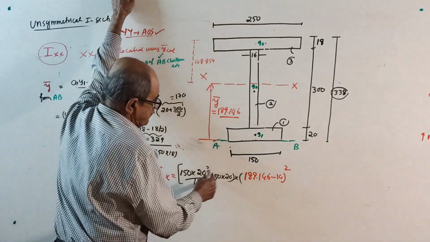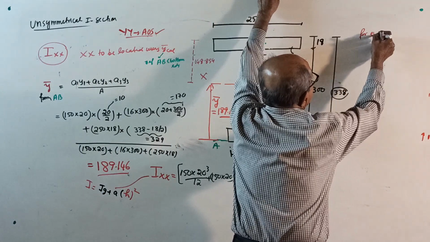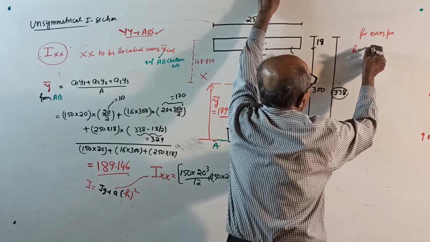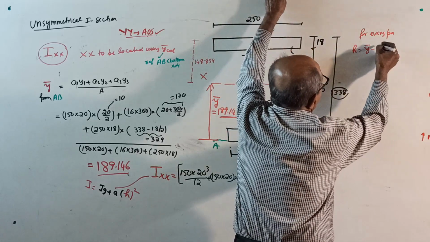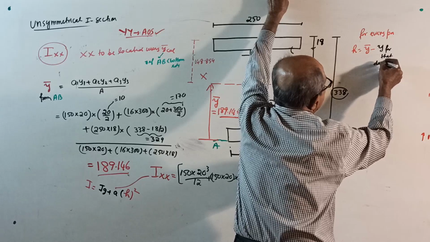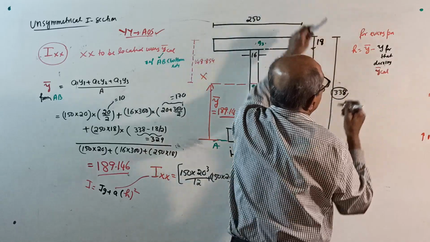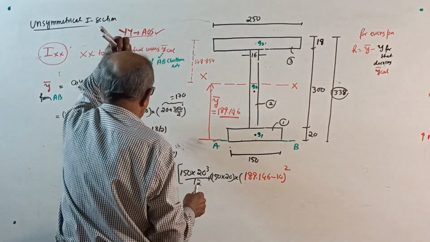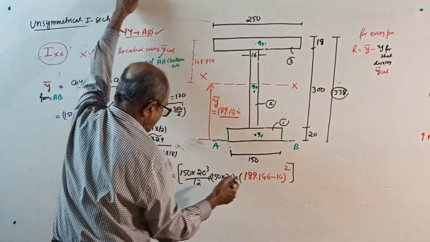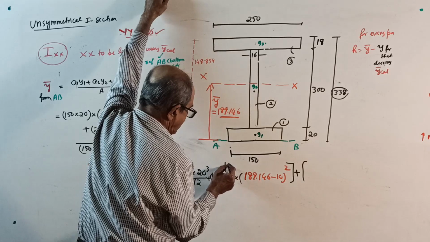See, Ig plus A square, I told you, for every part, your H will be y bar minus y for that part, the y used during y bar calculation. That is for figure number 1.